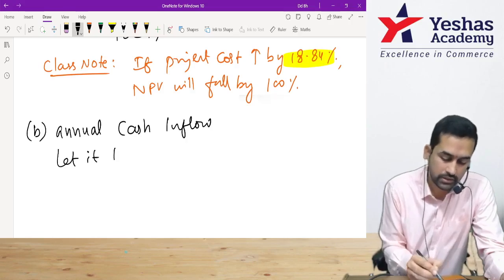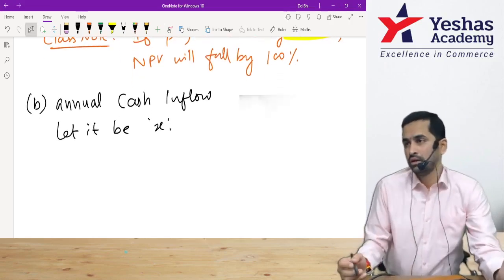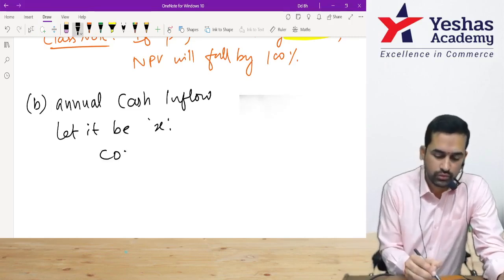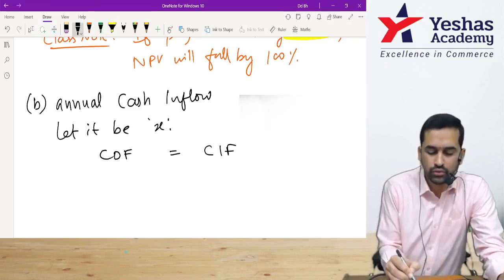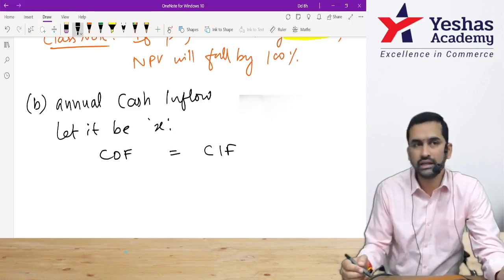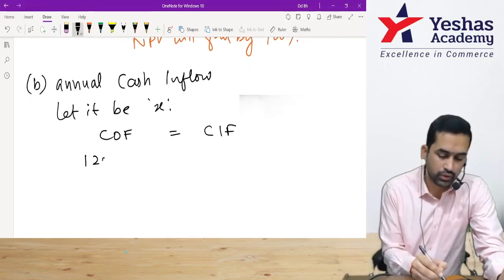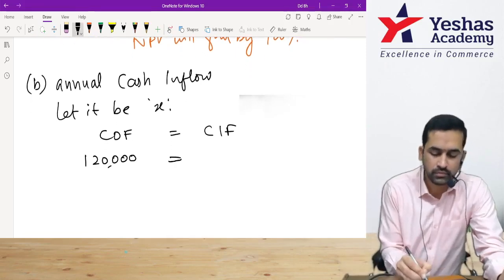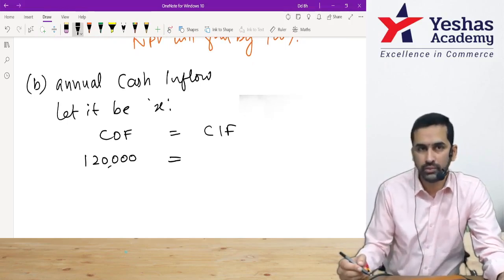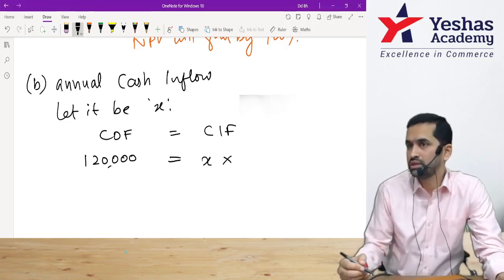Let it be X. Now tell me, for NPV to be 0, cash outflow should be equal to cash inflow. Outflow is 1,20,000. This should be equal to inflow, which I am writing as X.